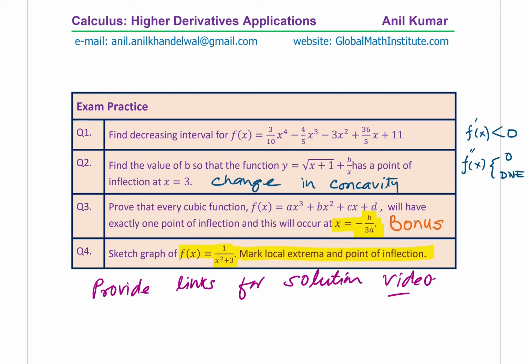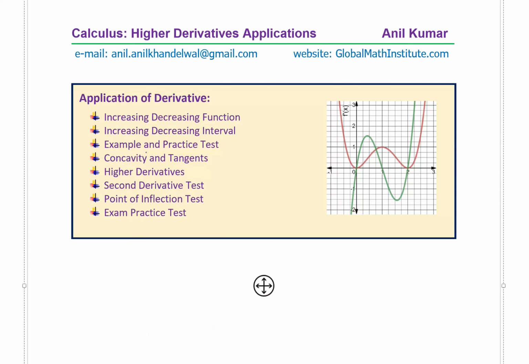So for now, I hope you have understood the concepts of increasing and decreasing, right? So we know what are increasing functions and what are decreasing functions. You have to check the first derivative for this. And also you understand the interval of increasing and decreasing as shown here. The functions could be decreasing in some places.